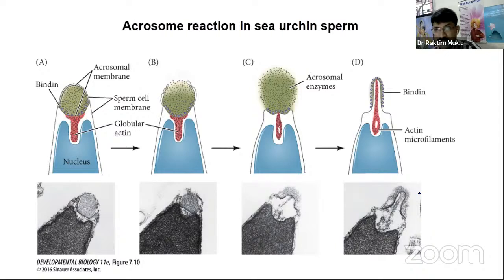Well, dear, this is the area that I would like to show you. There you have the acrosomal enzymes, and after these acrosomal enzymes, you have these structures known as the bindin. It is the bindin which helps in the recognition process.